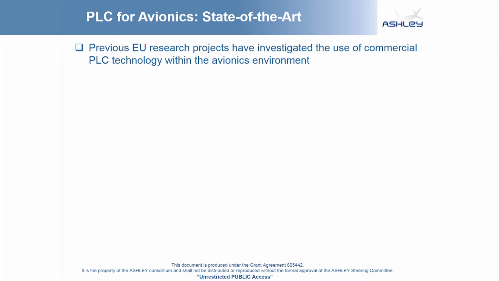Investigations into the use of PLC for avionics applications are not new. The University of Lucerne has been involved in two previous EU research projects which have investigated the use of commercial PLC technology for avionics applications.